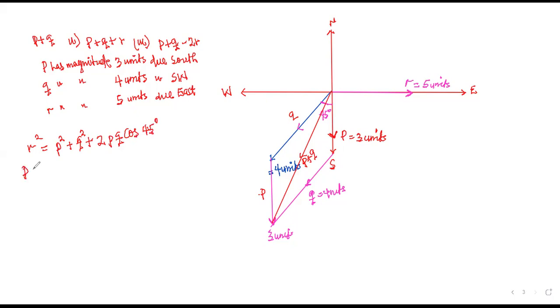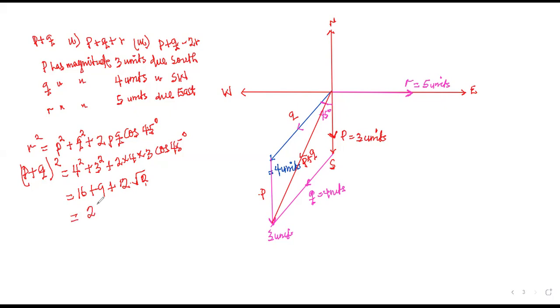So P plus Q squared, which represents the resultant, is equal to 4 squared plus 3 squared plus 2 times 4 times 3 times cosine of 45. 16 plus 9 plus, cos 45 is root 2 on 2, so 12 root 2. 12 times root 2. 25 plus 12 times 1.414. Root 2 is 1.414.